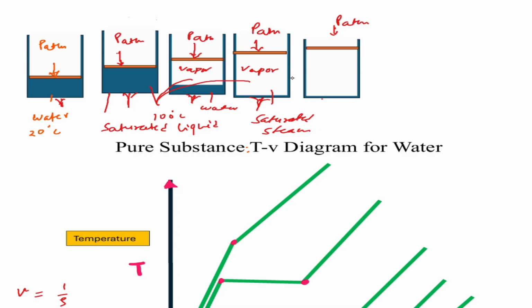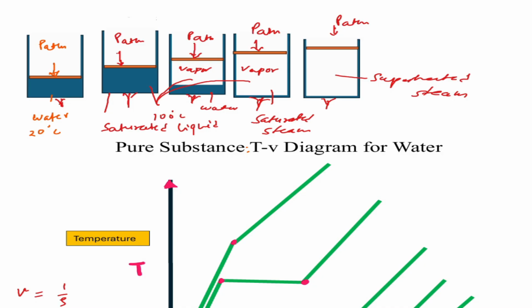And we further heat it, so its temperature increases, and this is called superheated steam, because its temperature is higher than the saturated temperature.